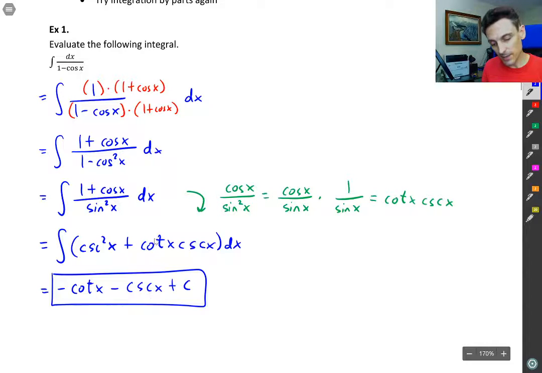Now once again, if you didn't see how to take this cosine x over sine squared x and break it down into cotangents and cosecants, that's okay. If you want to integrate that, you can let u equal sine x, and then the du is sitting right on top. It's cosine x. So you can do a substitution for that part as well. This just turns out to be slightly more straightforward and faster to get there. So there are multiple ways of doing these integrals.